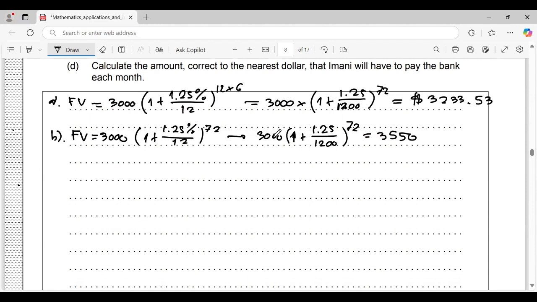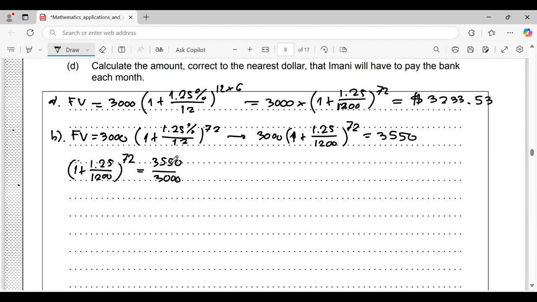And after that, 3,550 divided by 3,000. So this equation becomes 1 plus 1.25 over 1,200 power 72 equals 3,550 over 3,000.